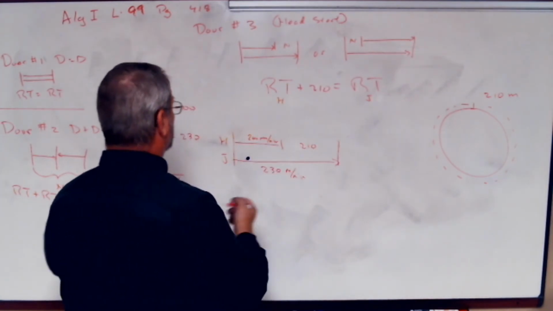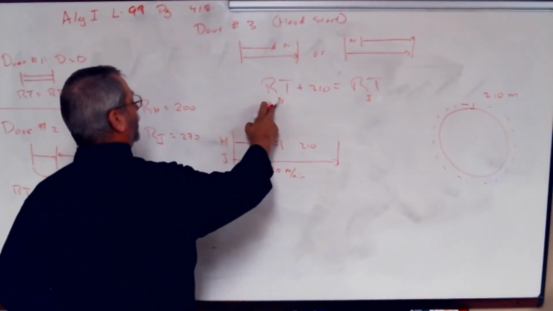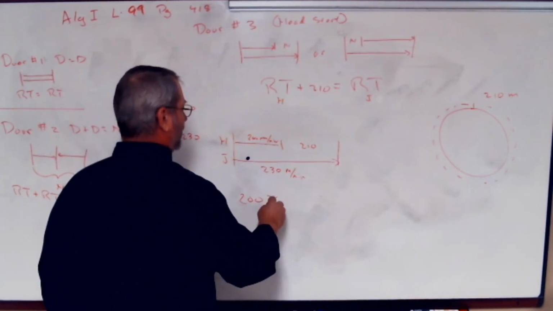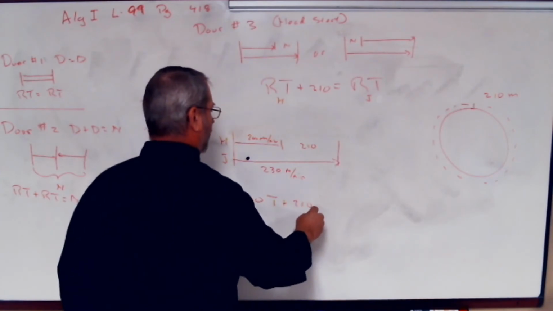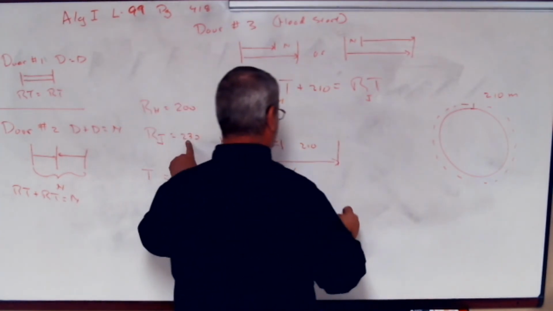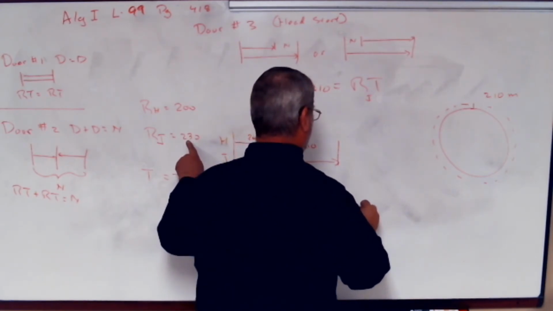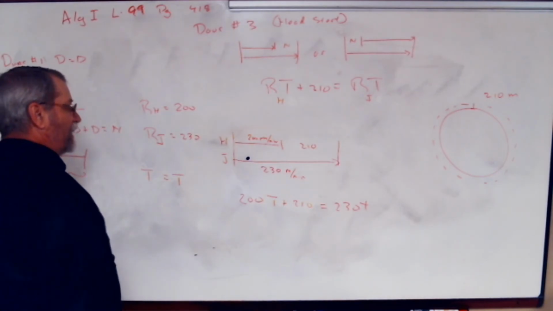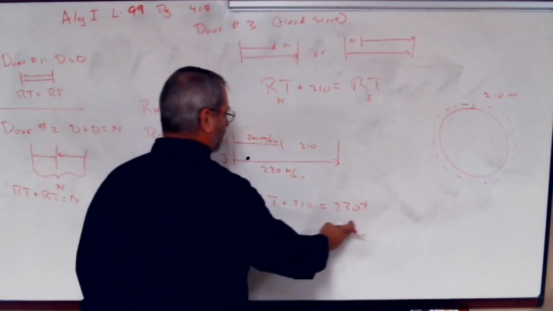So let's just substitute some stuff in. This here is 200T plus 210 equals this one here, J, 230T, just like that. So the smallest one is this, so we subtract over here.